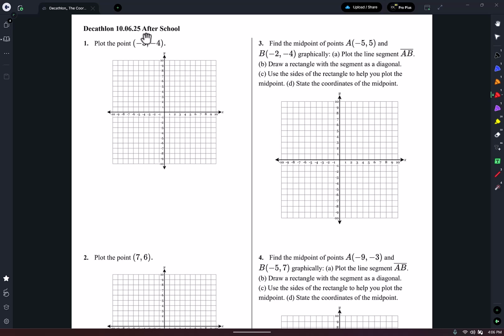So in the first two questions, you're just plotting. Plot (-3, -4). Remember that this is an x coordinate and this is a y coordinate, and this is called the Cartesian plane or the rectangular plane.